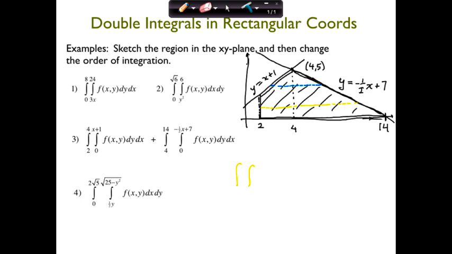So when y goes from 0 to 3, x goes from 2 to whatever this is solved for y, right? Because we're doing dx dy.